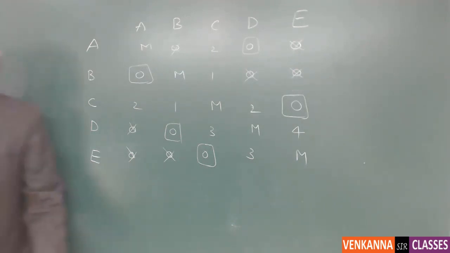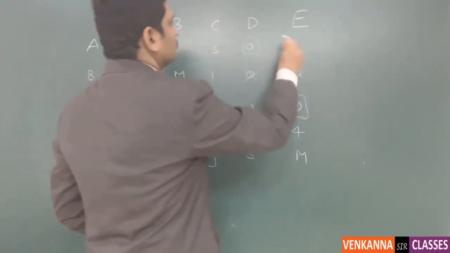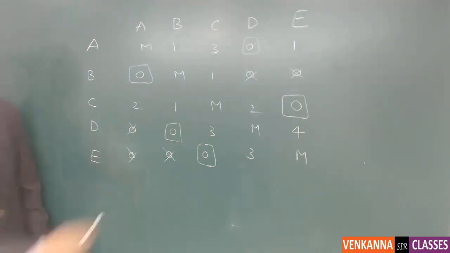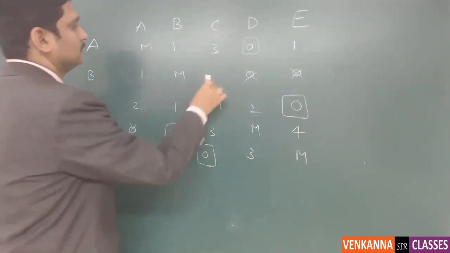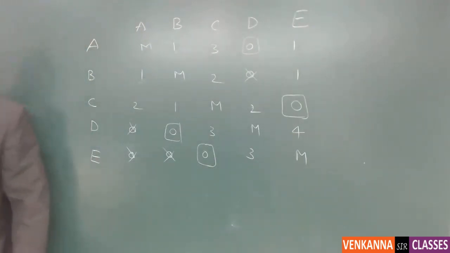So M, 1, 3, 0, 1, fine. Then 1, M, 2, 0, 1, so the allocations will be different. What about the remaining rows? Correct.